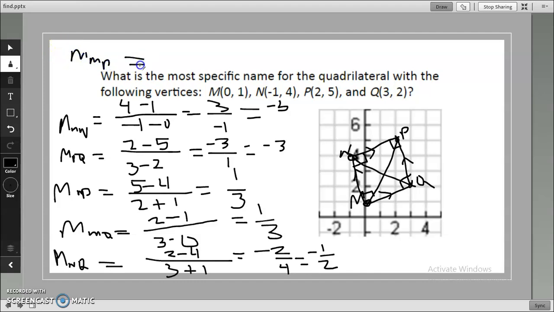P is my second, so that's 5 minus 1 and 2 minus 0, which is 4 over 2, which is 2. And so these are the negative reciprocals of each other, so it does intersect at a 90-degree angle. So this is a square.